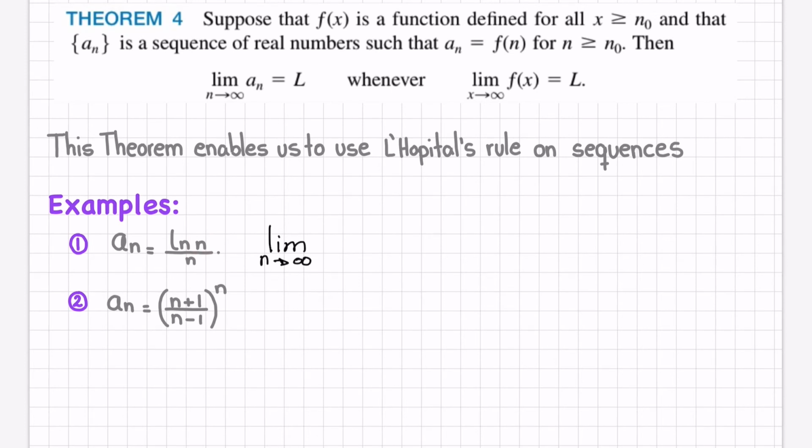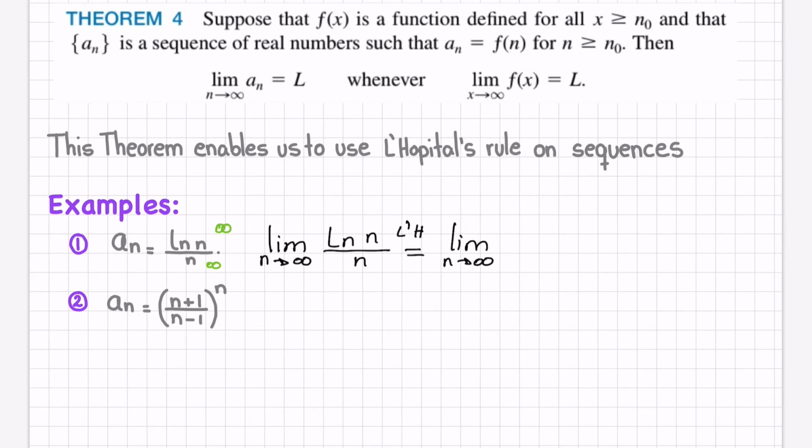So if you analyze this limit, ln is approaching infinity as n approaches infinity, and n is also approaching infinity. So we have an indetermination of the form infinity over infinity. Okay? And we then apply L'Hopital, because that is a L'Hopital indetermination.